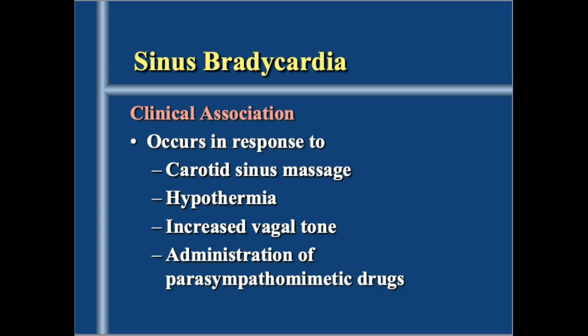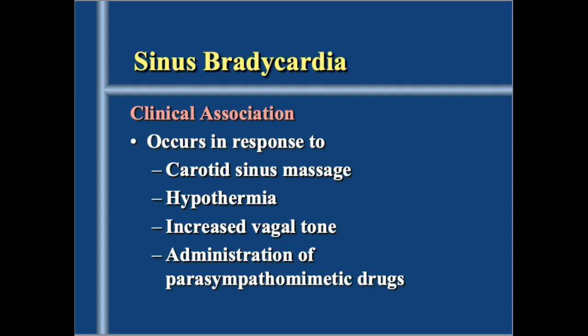You'll see sinus bradycardia in people who have hypothermia. It's the body's natural response to try to slow everything down a little bit. Anyone who's getting any type of parasympathomimetic drugs. Anybody who's got increased vagal tone. This is why we tell people don't strain, because they're going to stimulate that vagal nerve and cause their heart rate to drop.